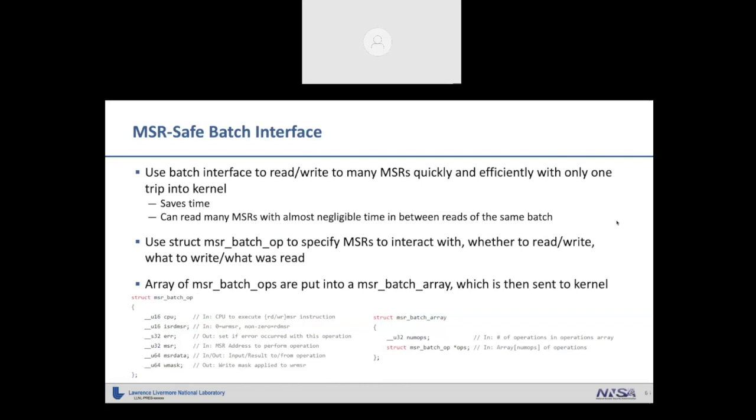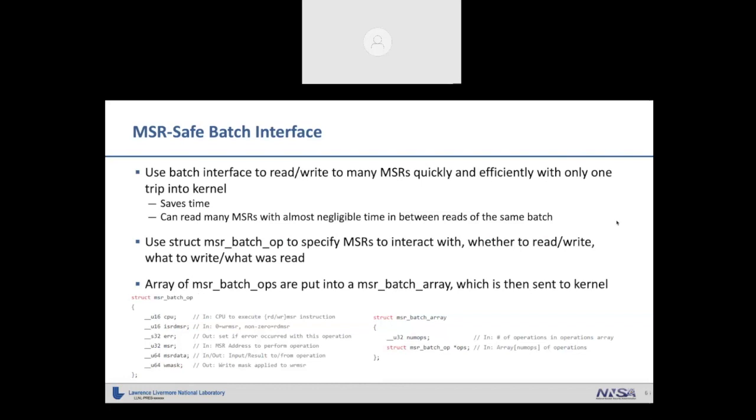If you look at the two pictures below, you'll see that there are different parameters that are needed, and it describes what they're used for. The first one is what CPU you're going to execute it on, and the second one is, are we going to write to it, or are we just going to read it?